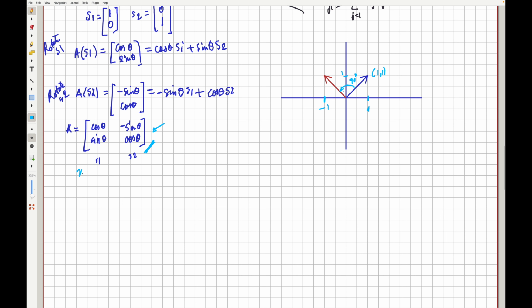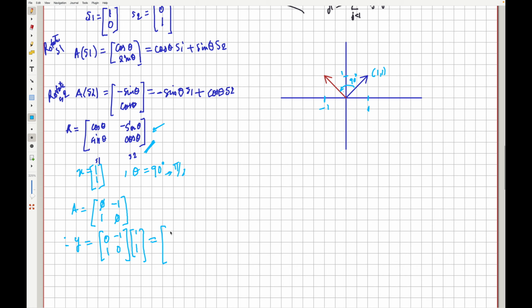If x is equal to (1, 1), and we assume that theta is equal to 90 degrees or pi by 2, then the A that we have becomes (0, -1; 1, 0), and therefore y is equal to this matrix times x.